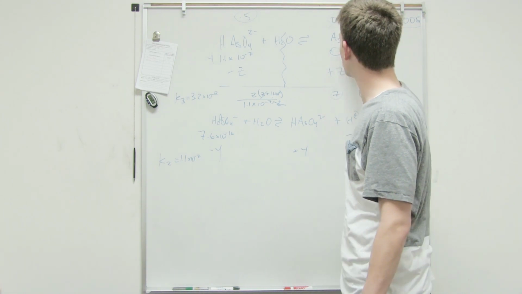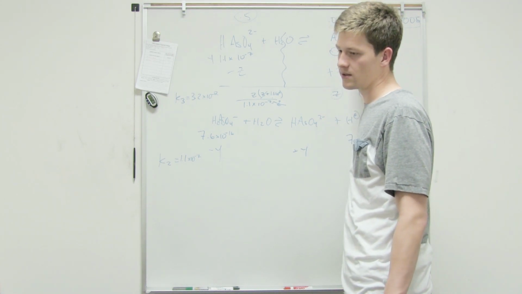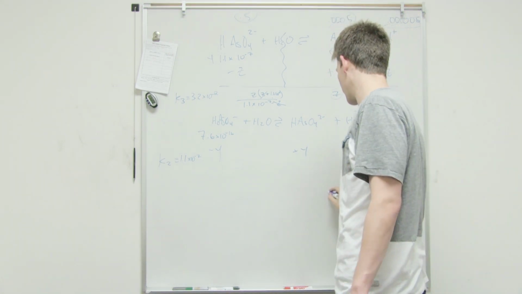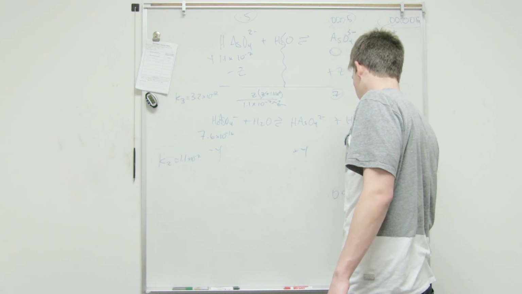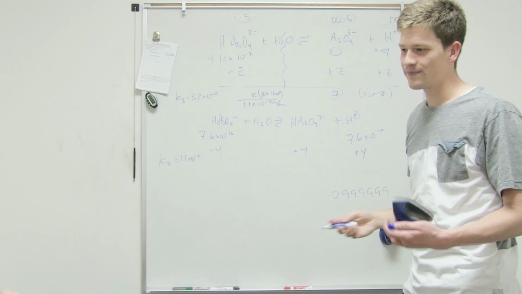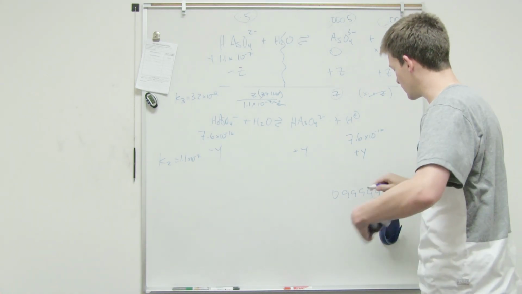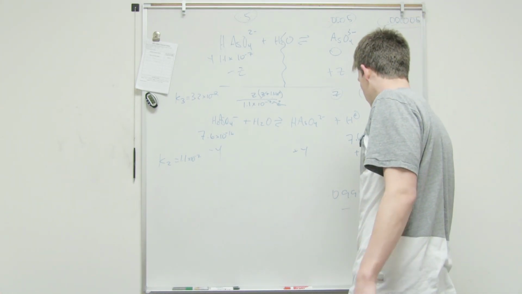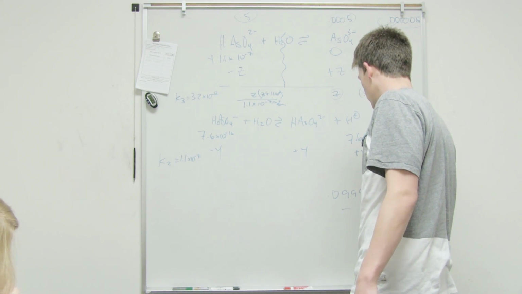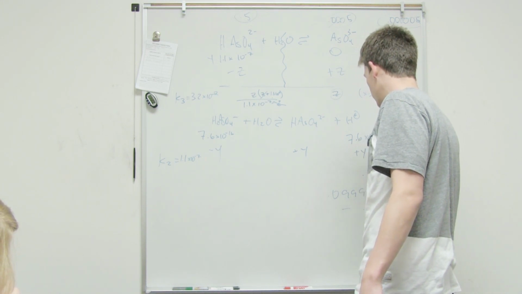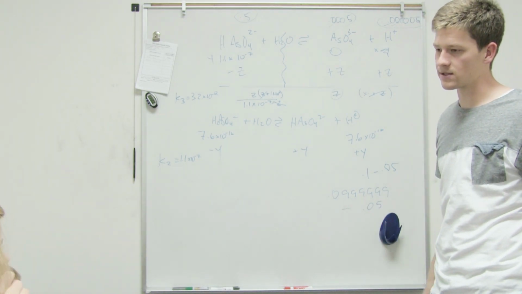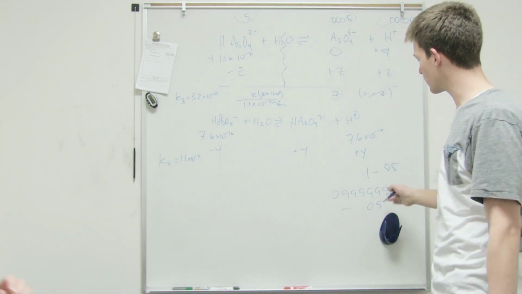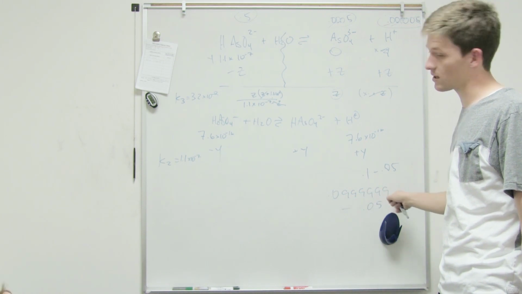Because this number was so small, it didn't even affect it. What did it become, like 0.0999? Yeah. And so if we take 0.1 minus 0.05, it's gonna be practically the same thing.